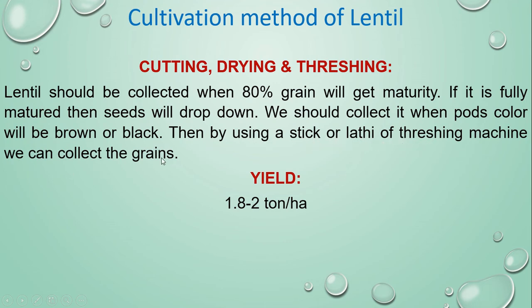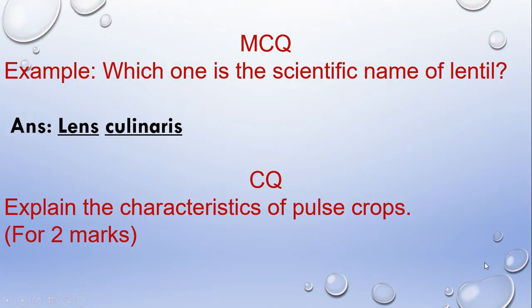We can collect the grains. After cutting that, we have to dry it properly and use the stick or threshing machine for collecting the lentil. And then yield might depend on the field, weather condition, different issues, but average yield is 1.8 to 2 ton per hectare.